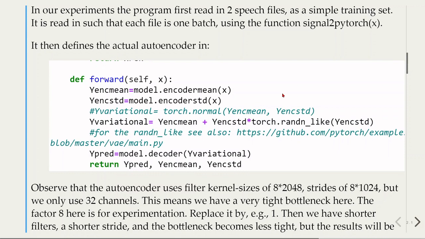and here we see that we also have this part here where we are adding the Y encoder mean plus the Y encoder standard deviation, and we are multiplying by this torch rand and like function, and we are going to talk about this later.